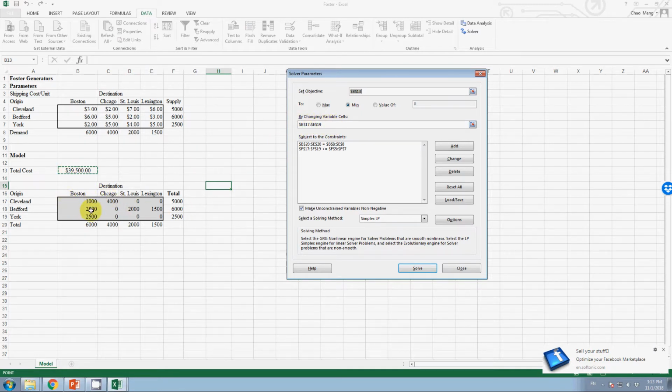Then we have a set of constraints. We have to make sure all the demands are satisfied, and that the number of units to be shipped does not exceed the supply. Then we can solve the problem and get the optimal solution.